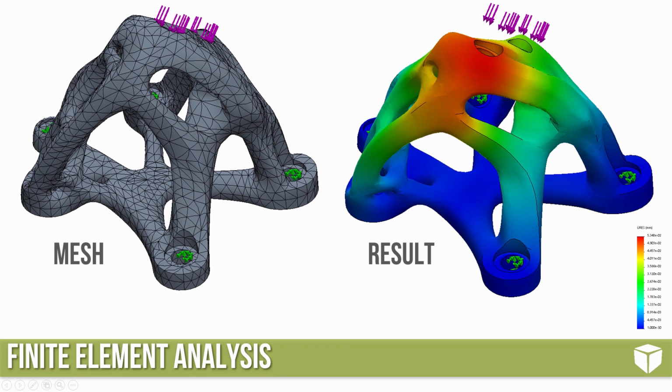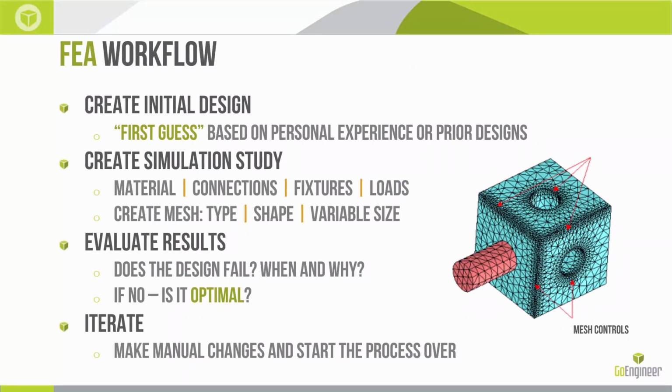So as a designer or an engineer, I set up these simulations primarily for verification, okay? I run a simulation, I take a look at the results, and me, as a person, use my experience to make some judgments. So the workflow for FEA kind of starts with this initial design.